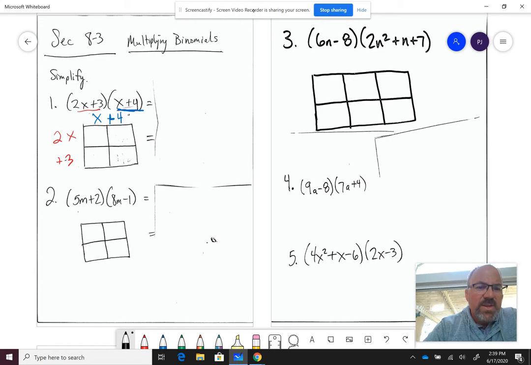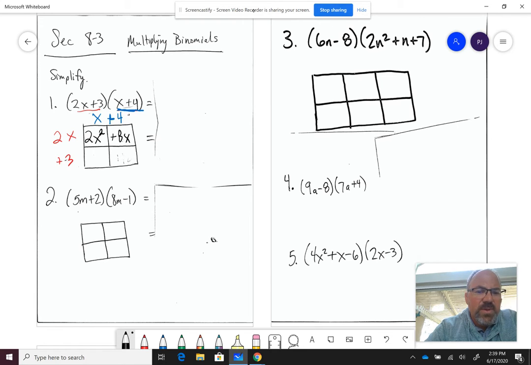If I multiply 2x times x, I get 2x squared. Now I'm going to multiply the 4 and the 2x. 2x times 4 goes into this box, and that gives me a positive 8x. Then let's go down to the next number, which is plus 3, and multiply it by the x.